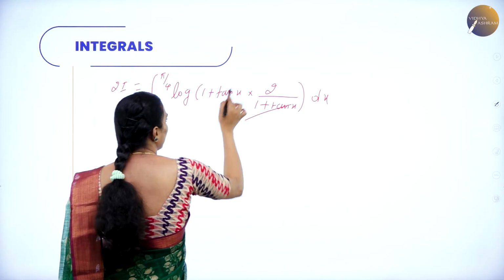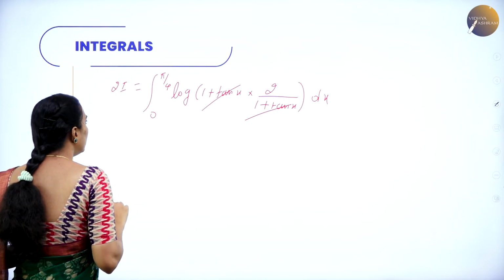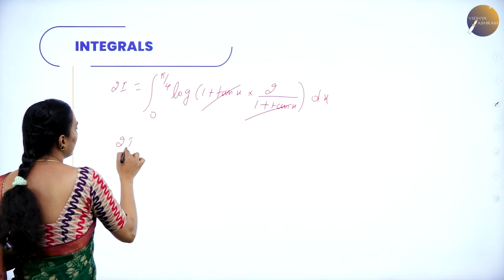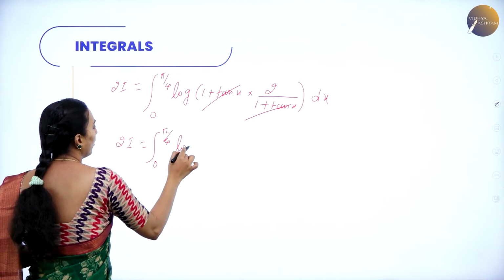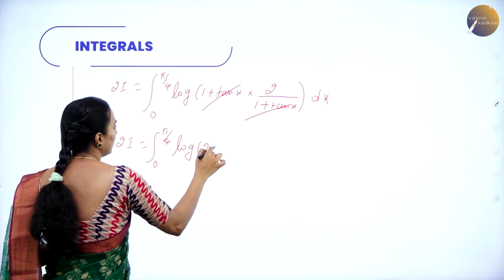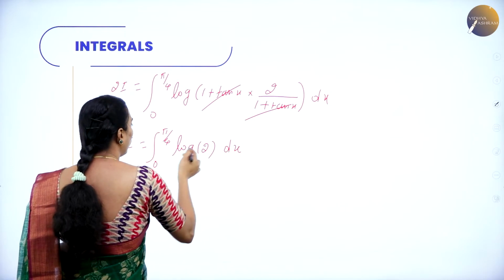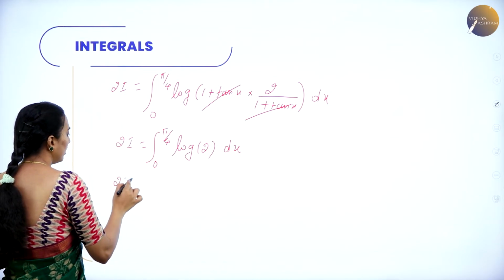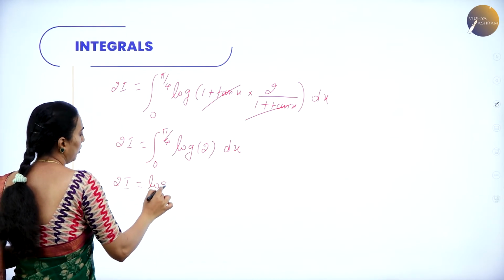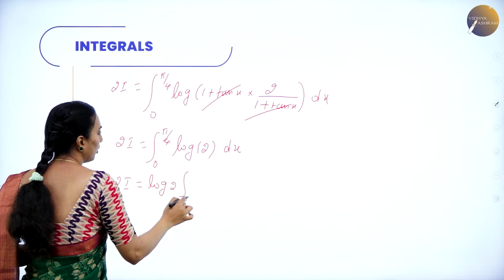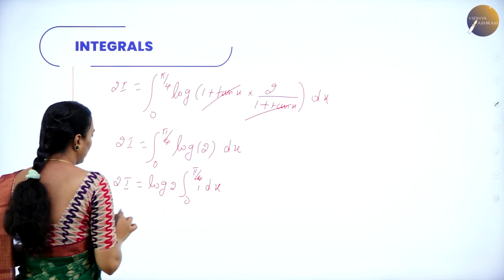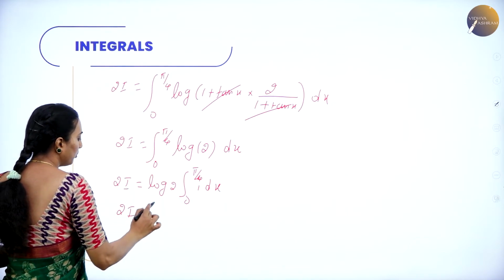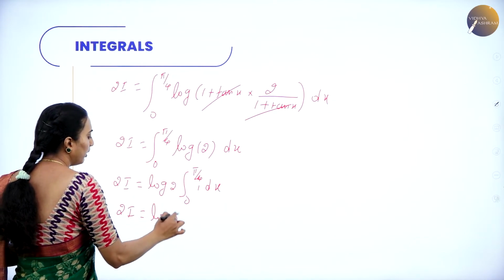Now here 1 plus tan x will get cancelled. Remaining is 2I is equal to integral 0 to pi by 4 log of 2, isn't it? Into dx. Anyway, log 2 is a constant, you can bring it outside. 2I is equal to log 2 into integral 0 to pi by 4 of 1 into dx.